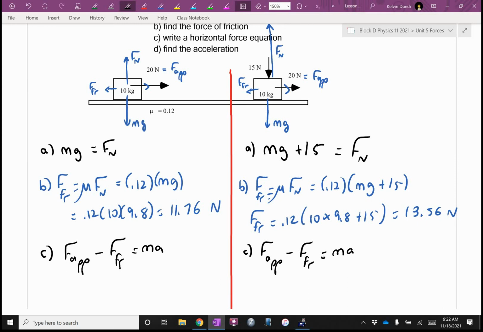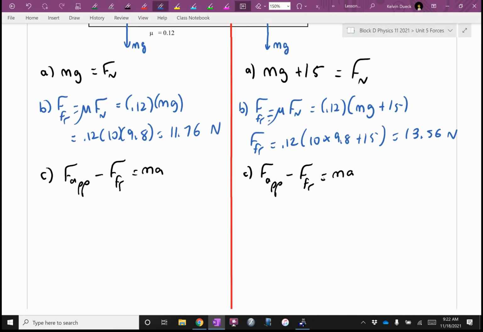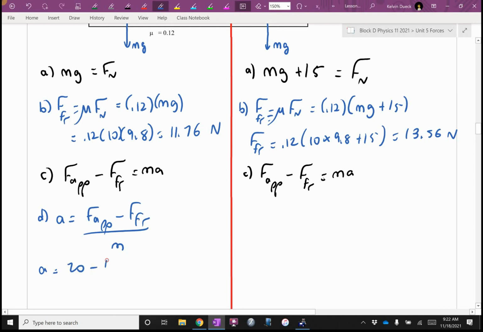What does D want me to find? How will I get the a by itself? a is going to be F applied minus friction divided by m. What was F applied, 20? Minus, I know friction, 11.76, divided by, oh, I can do this in my head. I can divide by 10 in my head. It's going to be 20, take away 11 is 9, take away 0.76 is 8.23. 0.823?